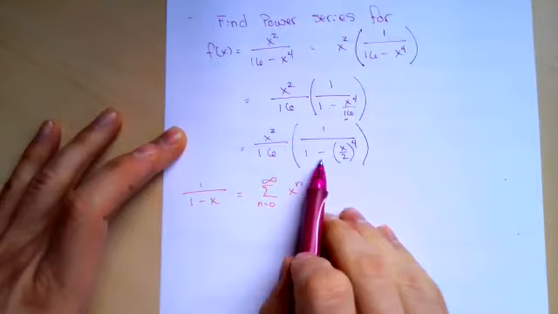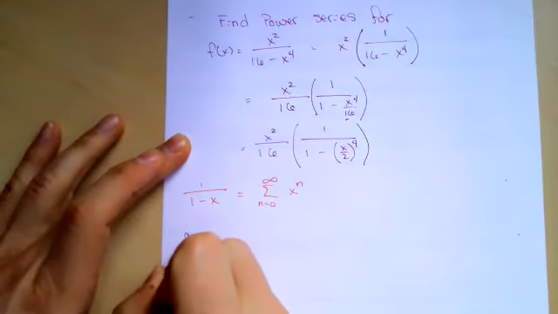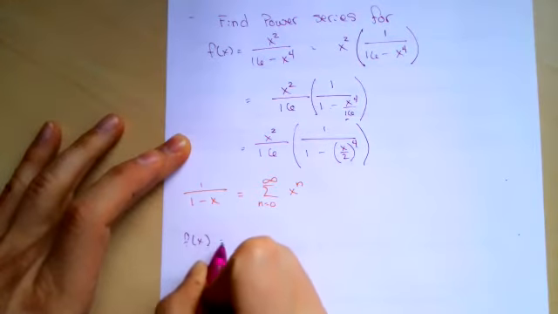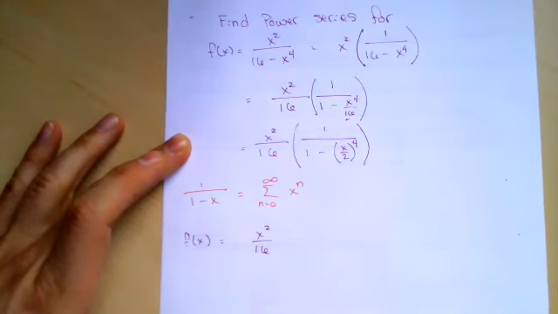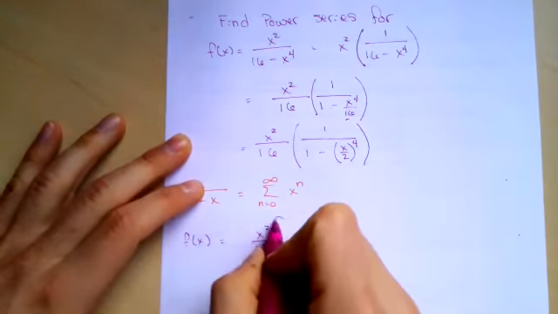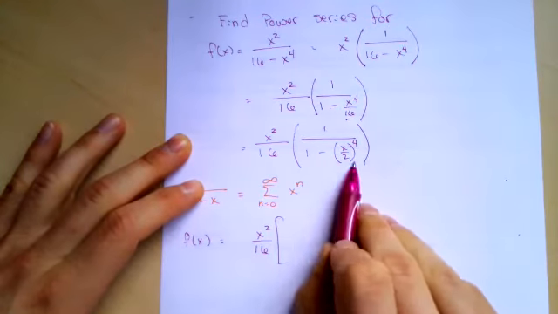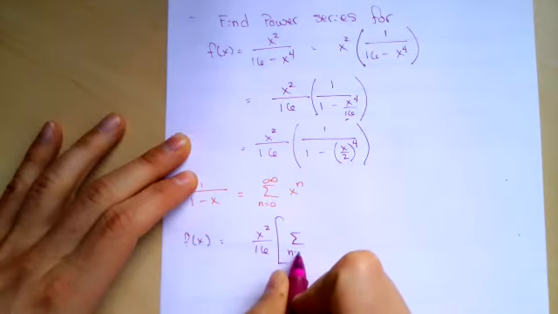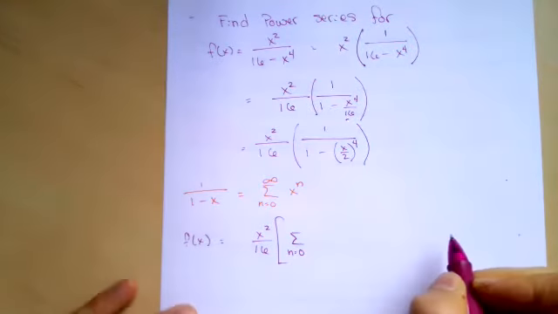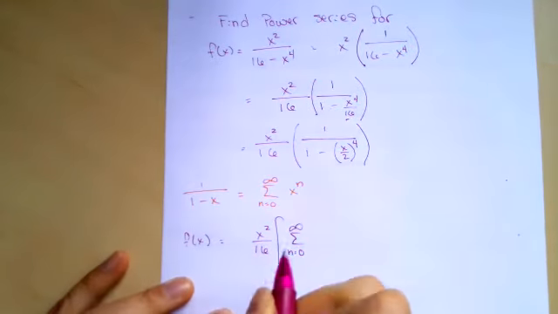And so modifying this, we should have that f of x should be, our x squared minus 16 is going to stay outside for the moment. And we're replacing this guy with a power series. So we've got a sum n equals 0 to infinity.